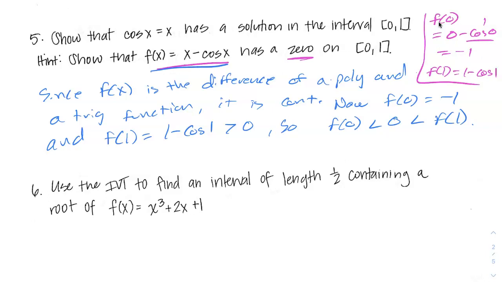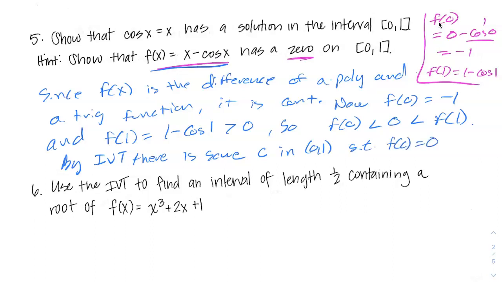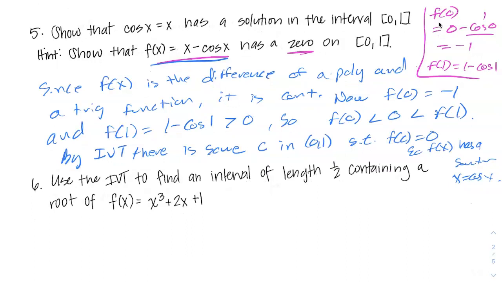So then we could say, by IVT, there is some c in 0, 1 such that f of c equals 0. So f of x has a solution to x equals cosine x.